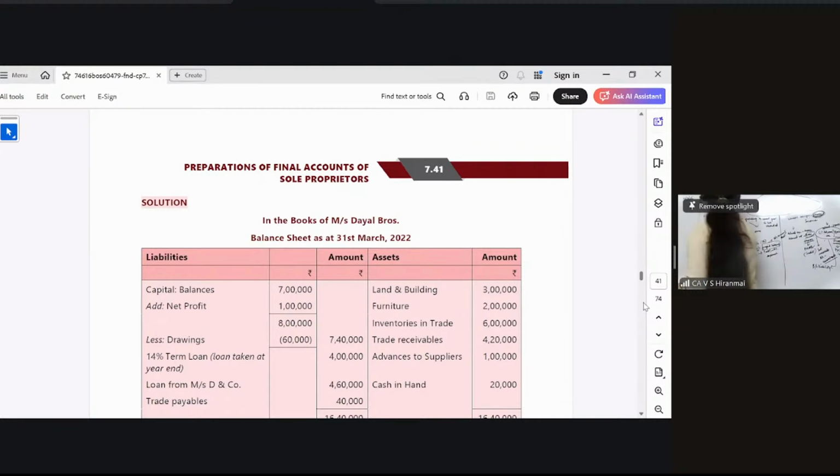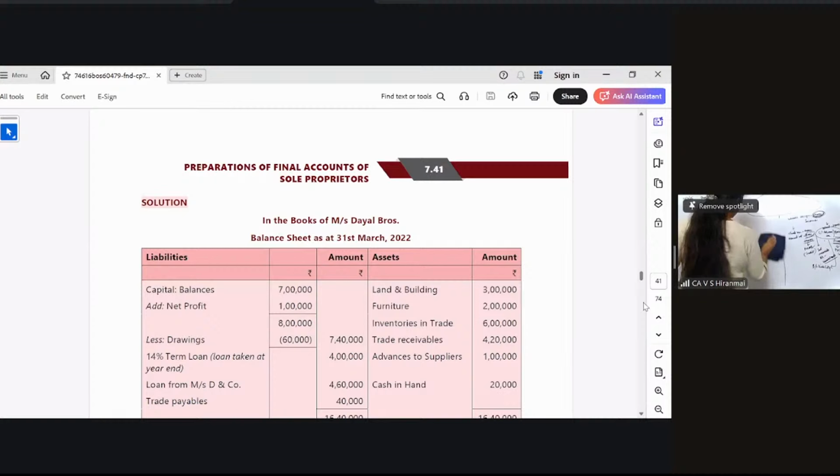Madam, how should I present it in the exam? In the exam, you can prepare the working notes first or even at the last. There is no hard and fast rule that you should do it in a particular manner, but the presentation should look clean.